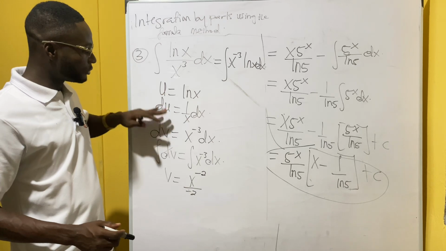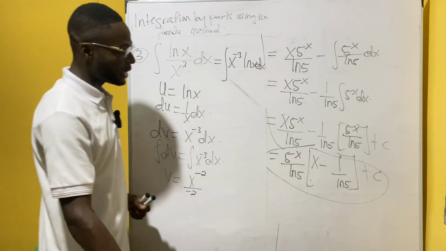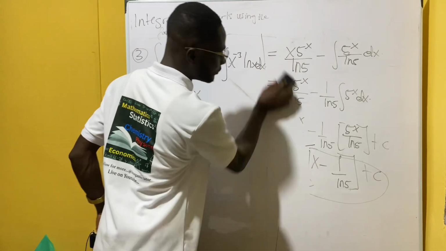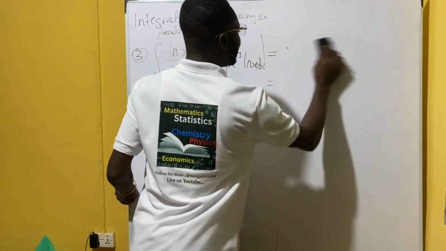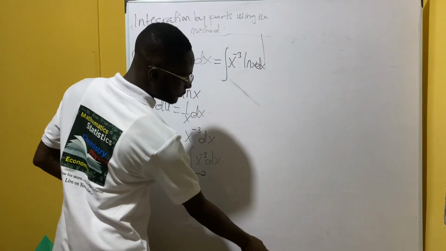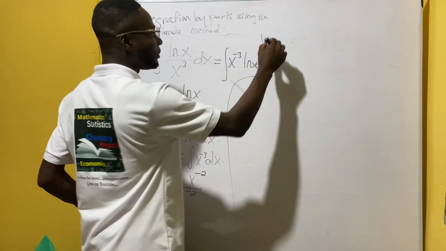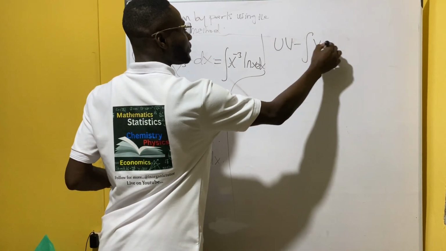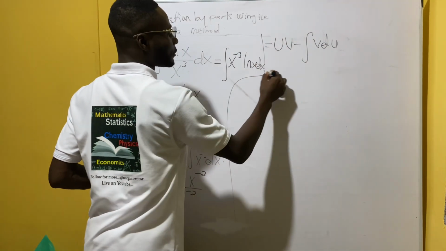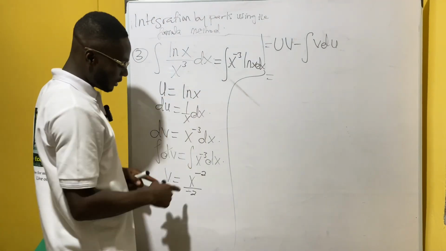We have u, we have du, all that. So we apply the formula. So when we apply the formula, right, now our u is ln x and our v is this.